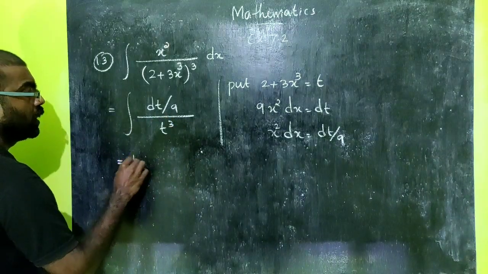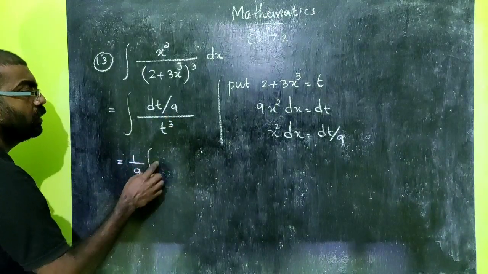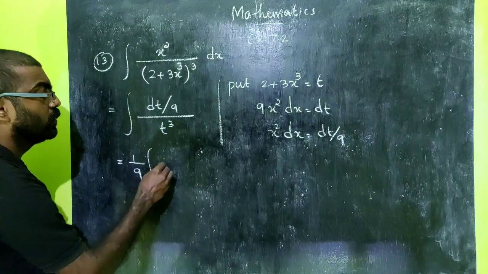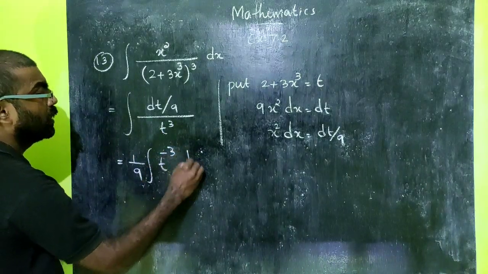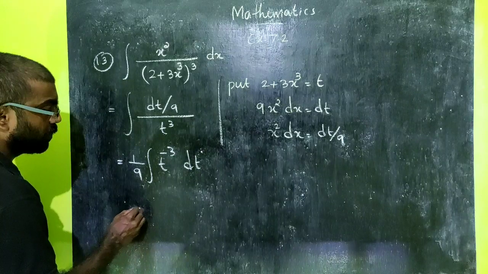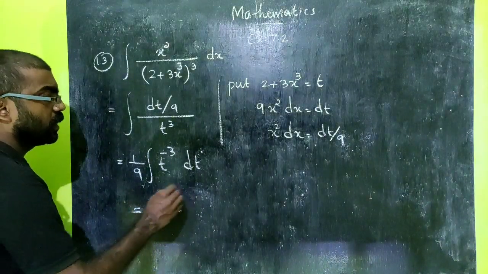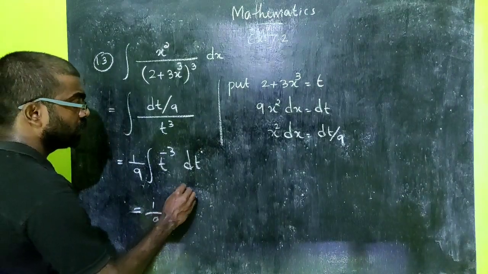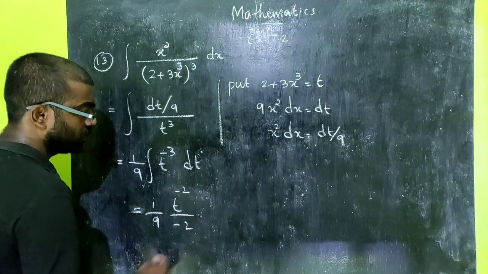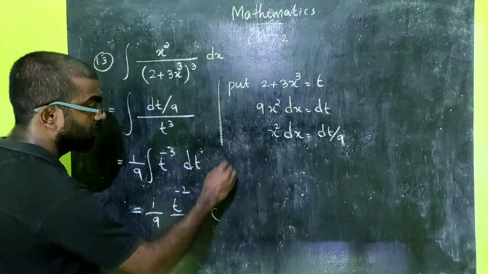This 1 by 9 we can take it out. So 1 by 9 into integral t cube we can take to the numerator, t raised to minus 3 dt. Now we can apply the formula. 1 by 9 into t raised to minus 3 plus 1. Minus 3 plus 1 is minus 2 divided by minus 2. Then plus c.